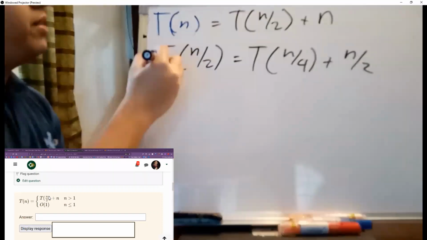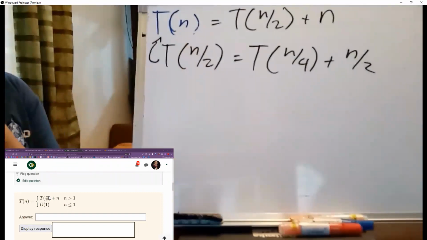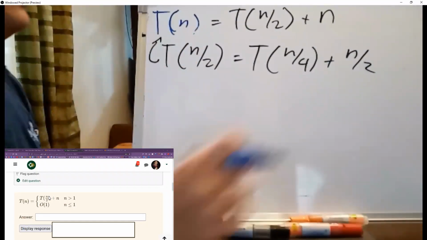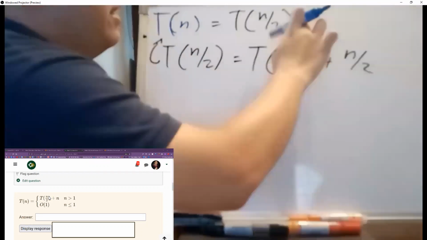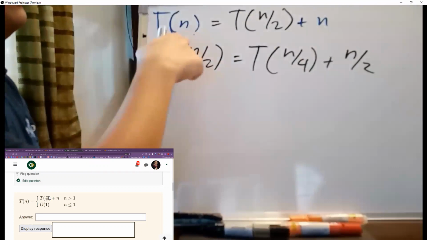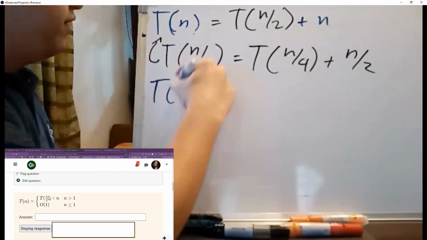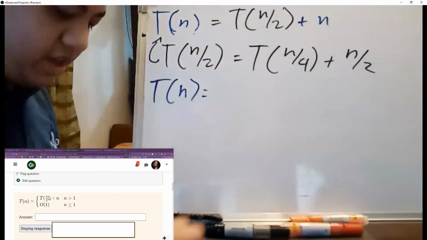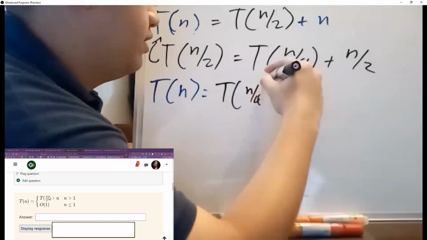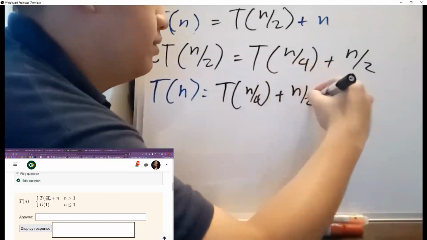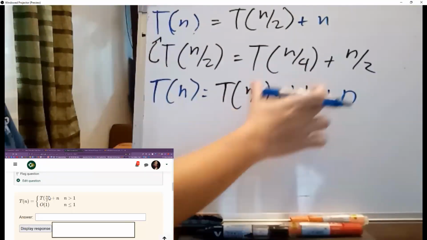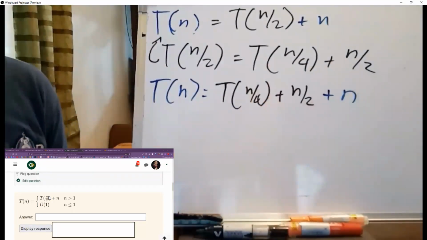Now, when we plug it in again to the term above, let's try a different color. So T of n is equal to T of n over 4 plus n over 2, and the plus n. So this whole term is this. We just substituted it.